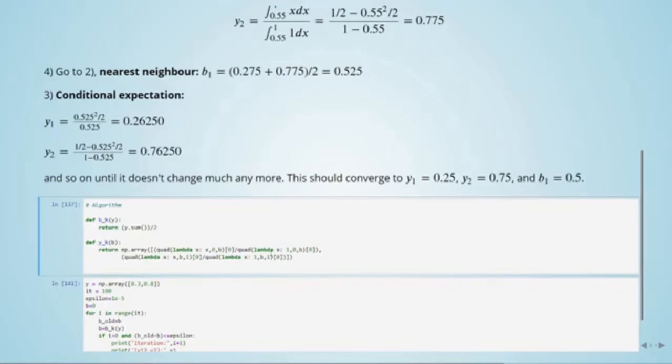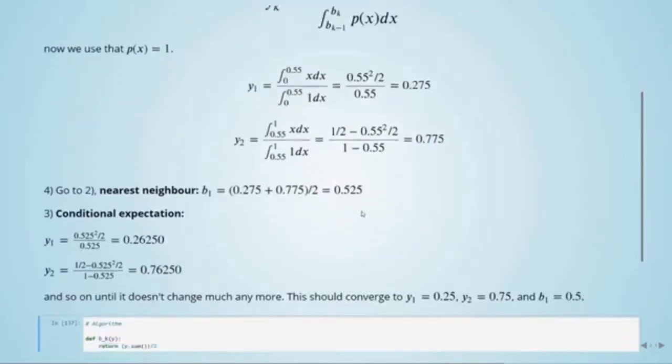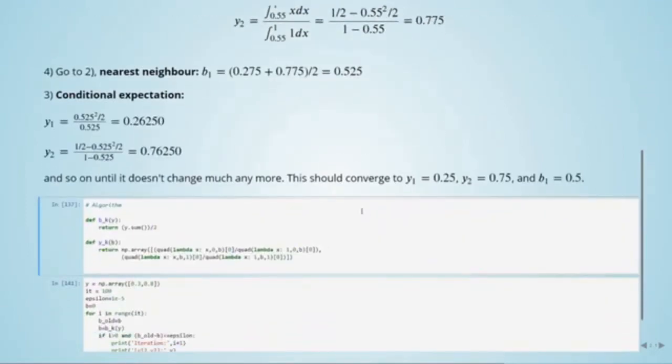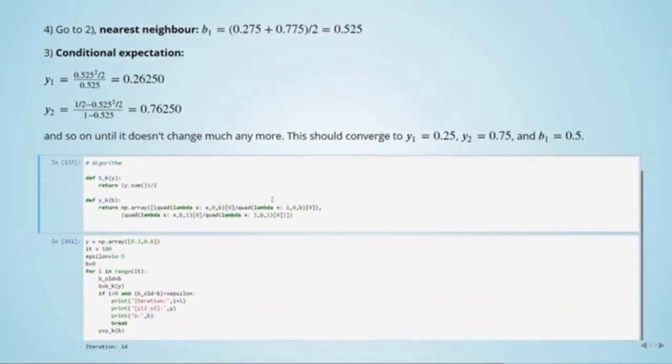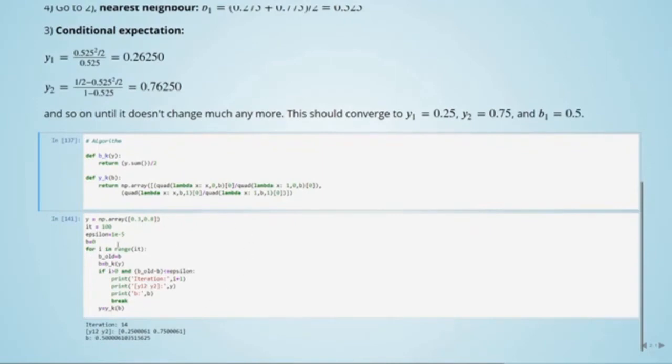So we are using here this numerical integration from SciPy. In a previous notebook we've seen this revision on PDFs, histograms, and numeric integration. So we are using this here, and we are computing for y1 and y2, and here is where the iteration happens.